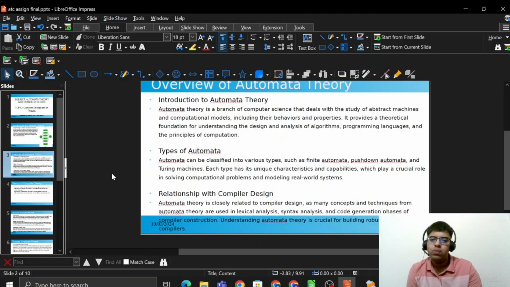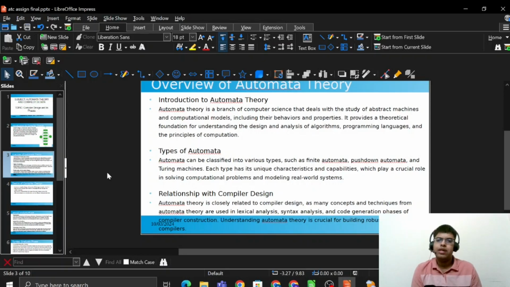Next one, we have an overview of automata theory. Automata theory is a branch of CSE which deals with the study of abstract machines and computation models, which includes their behavior and properties. It provides a theoretical foundation for understanding the design and analysis of algorithms, programming languages, and the principles of computation.